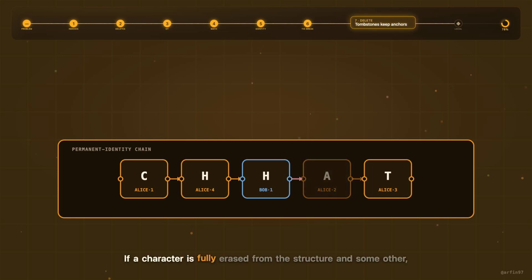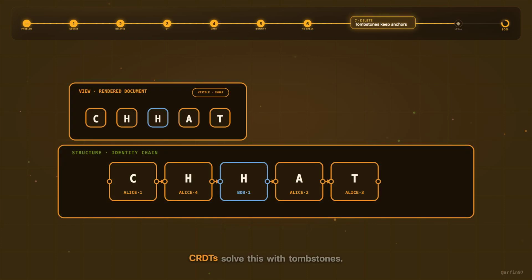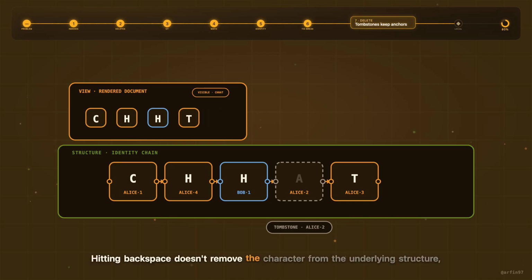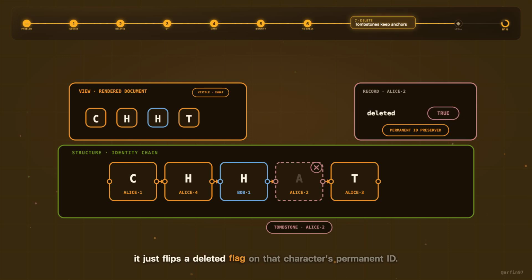If a character is fully erased from the structure and some other, still in-flight edit was anchored to it as an origin, that anchor now points at nothing. CRDTs solve this with tombstones. Hitting backspace doesn't remove the character from the underlying structure, it just flips a deleted flag on that character's permanent ID.